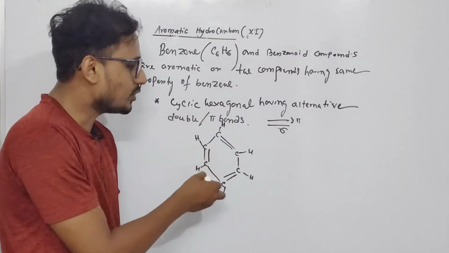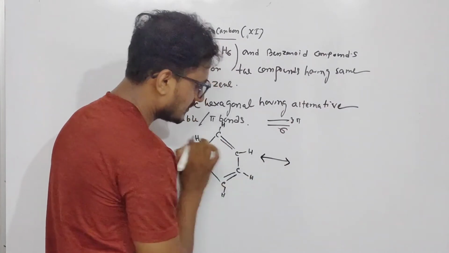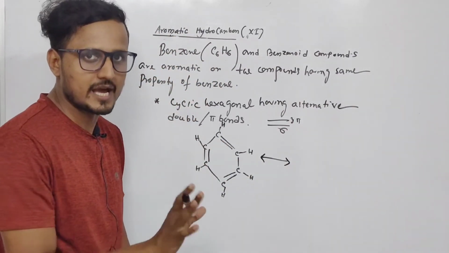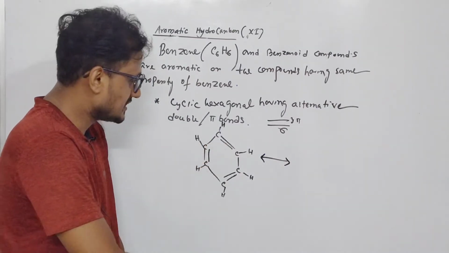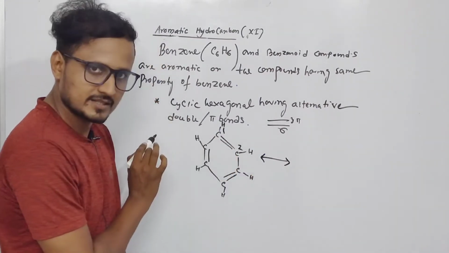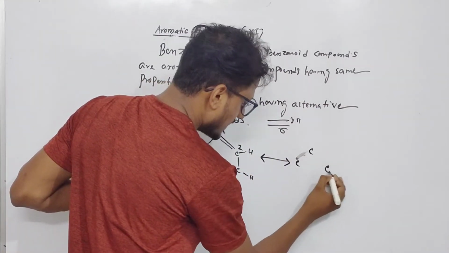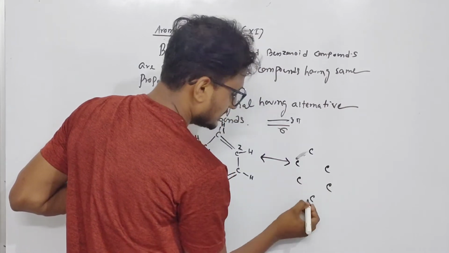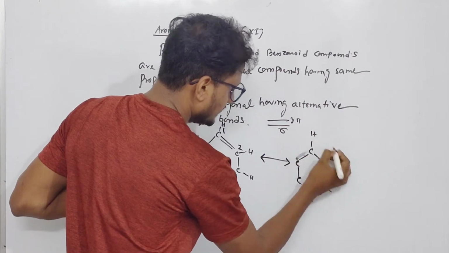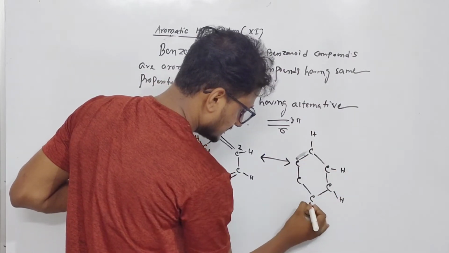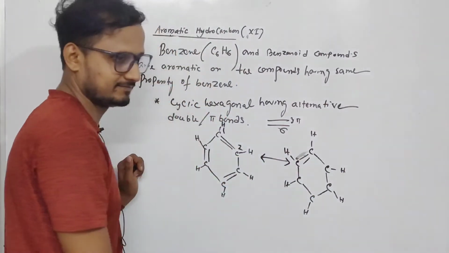Here also a pi bond. So it has alternate pi bonds. Okay. Now this benzene can also participate in resonance. As I have drawn, I have placed the first pi bond between these two carbons. Suppose it is number 1 carbon, it is number 2 carbon. Now the other can place the first pi bond here only.